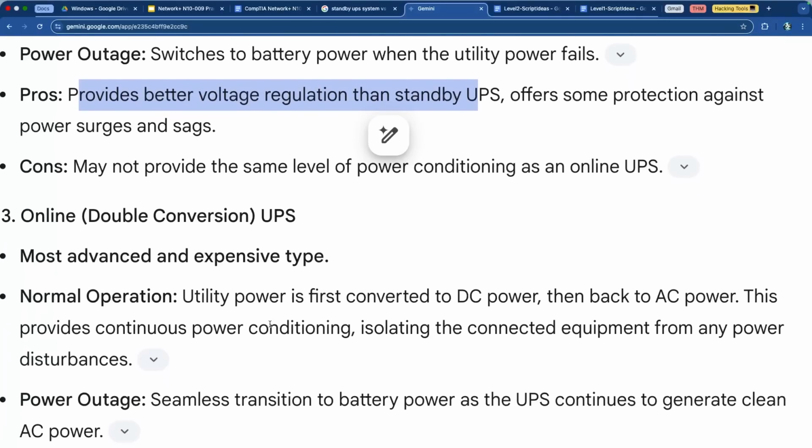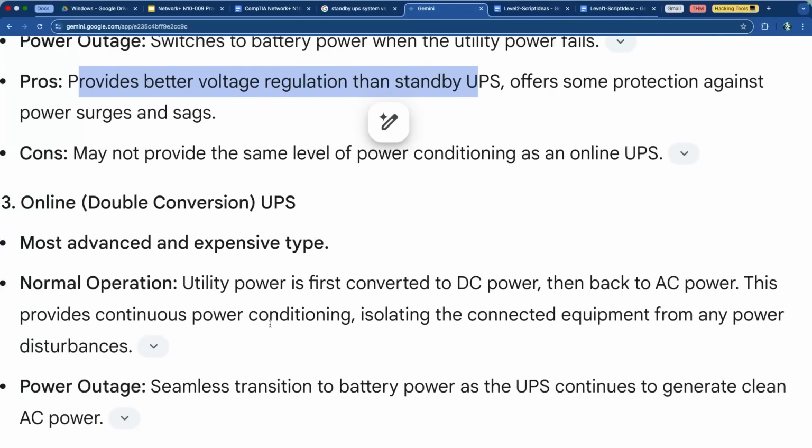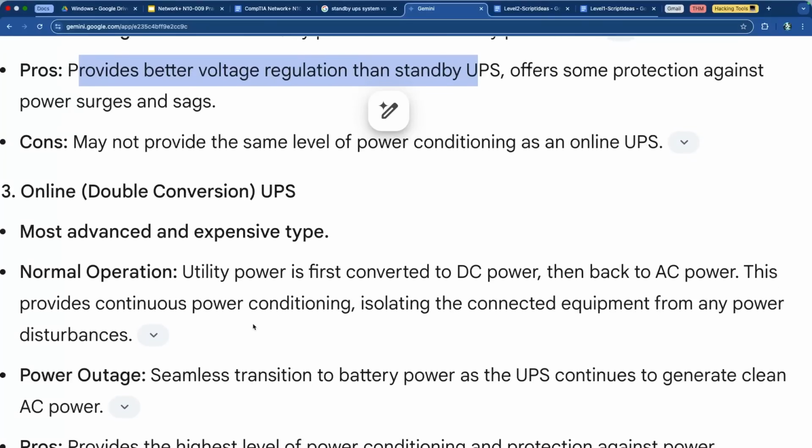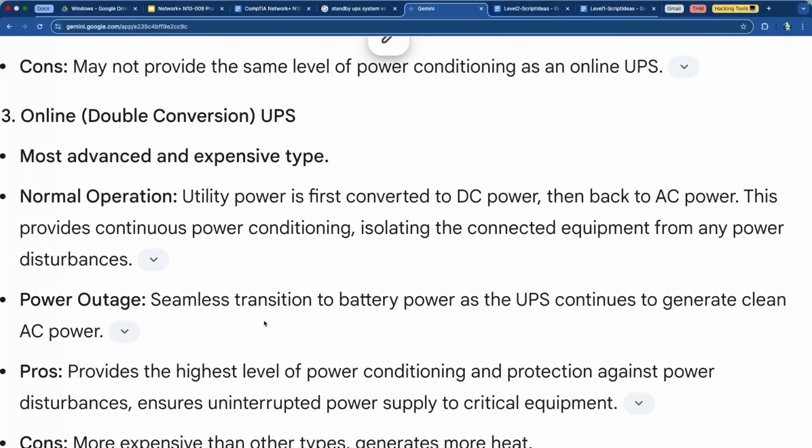And so that brings us to the online UPS, which is the double conversion UPS, and it's the most advanced and expensive. The utility power is first converted to DC power, then back to AC power.